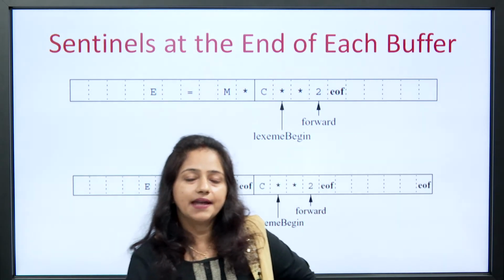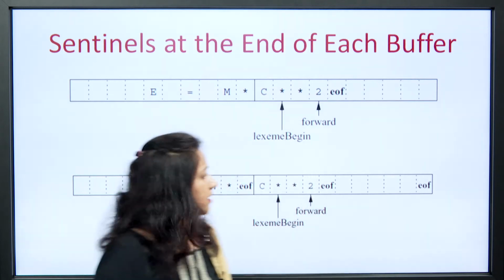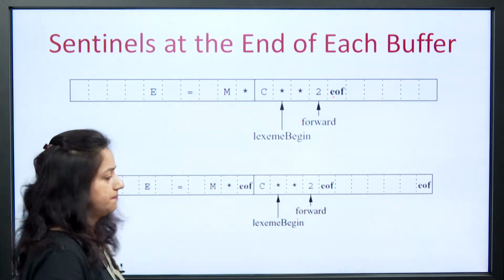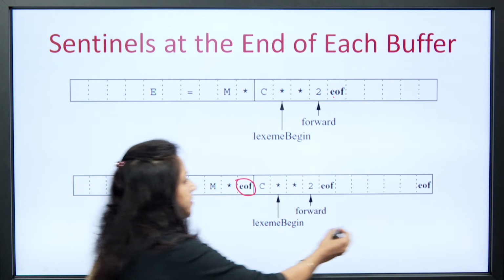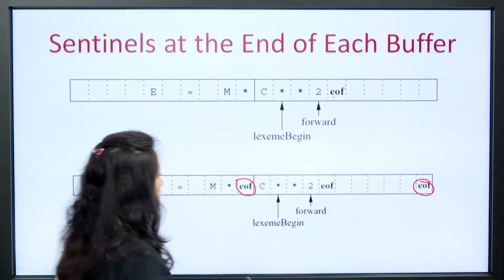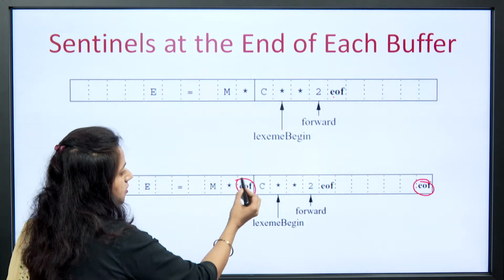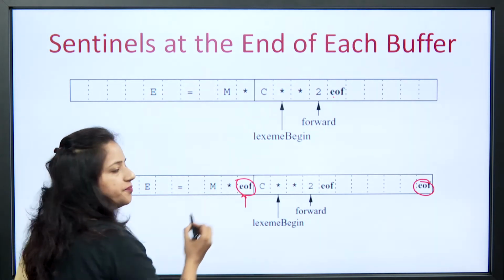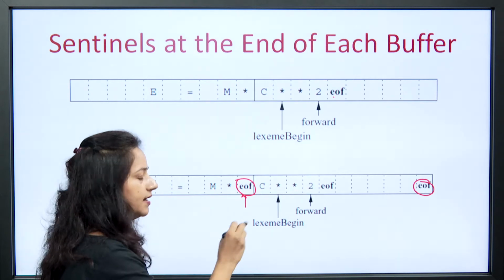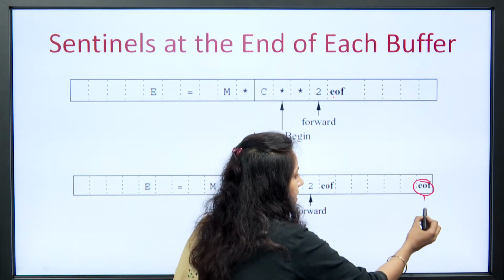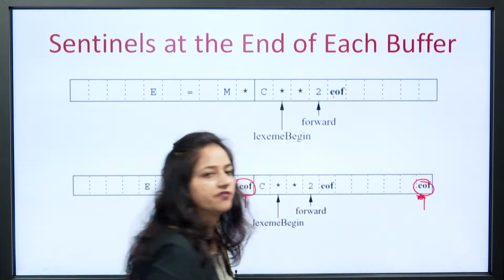This problem can be simplified by using an end-of-file symbol at the end of every buffer. If we are reading the end-of-buffer symbol, we know this is the end of the previous buffer, and we can load the other buffer.